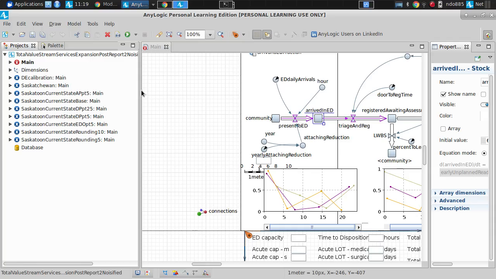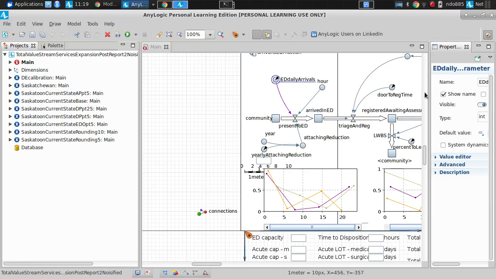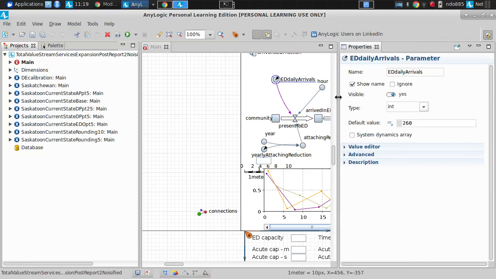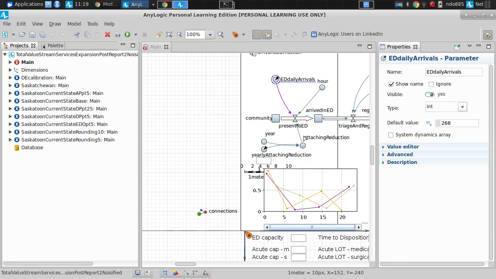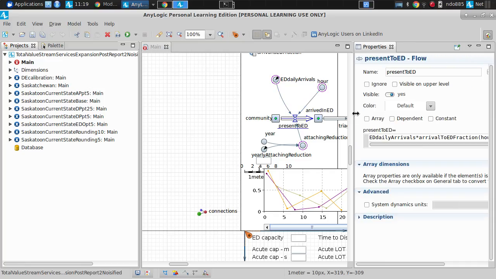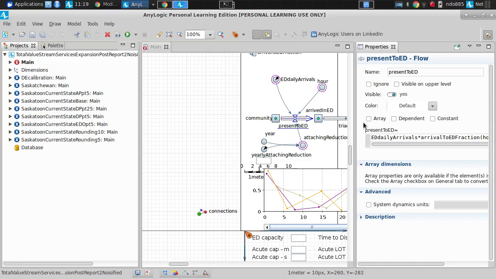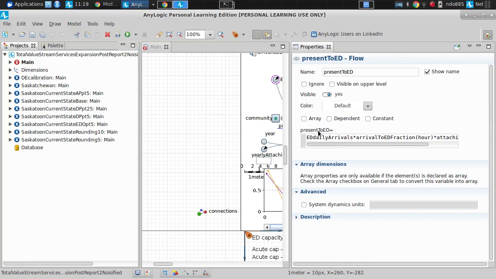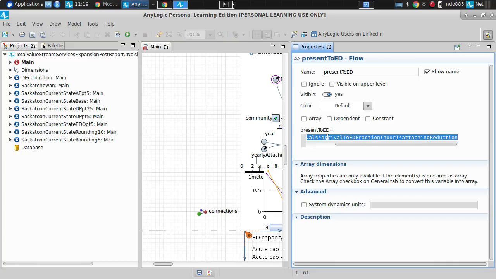This model was a more constrained one. We simply represented ED arrivals by hour of the day. Okay, so here we're taking a look at the ED arrivals per day, and if you look at this so-called flow, which brings someone from this state to another, there's a certain rate of people going down there: the number of daily arrivals times an hourly arrival coefficient.